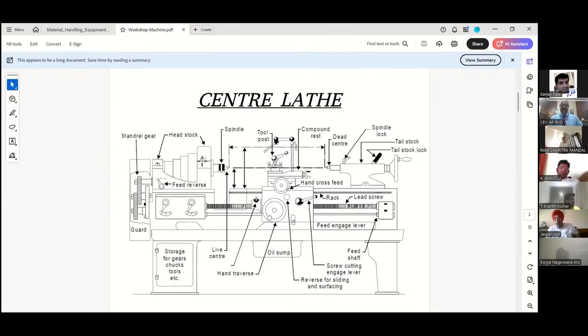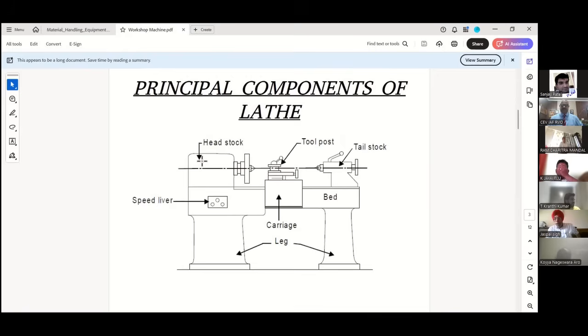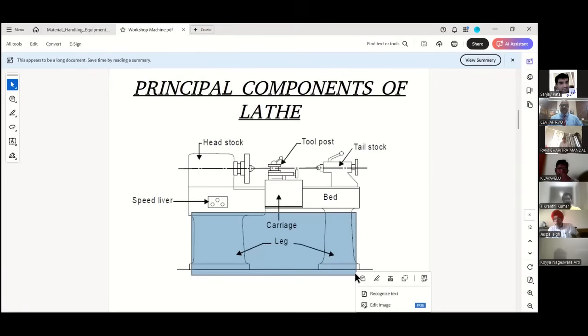If we know the major parts of the lathe machine, then it is the headstock and tailstock. Okay, in between these, your object or elements are placed. This is the tool post. According to your tool, it will work over your job. To support the headstock and tailstock, there are legs.